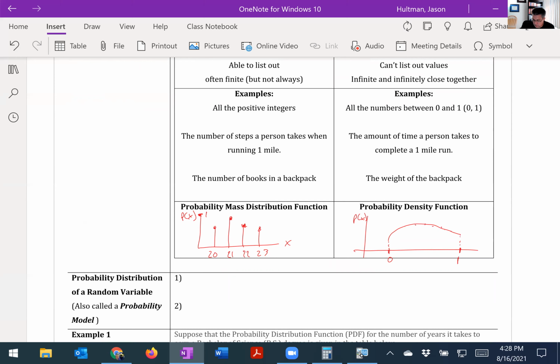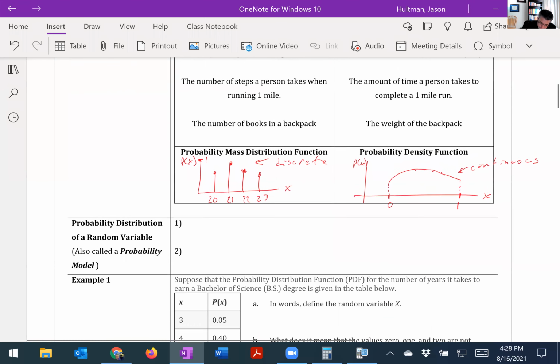So it's a continuous function there. This is continuous. Okay, this is discrete. Notice in discrete we have gaps, but in a continuous function we do not have gaps.